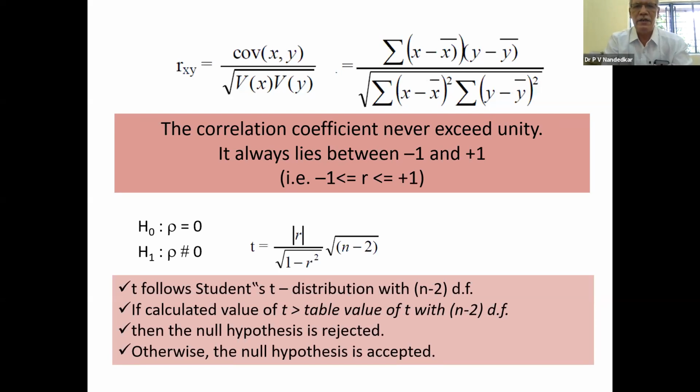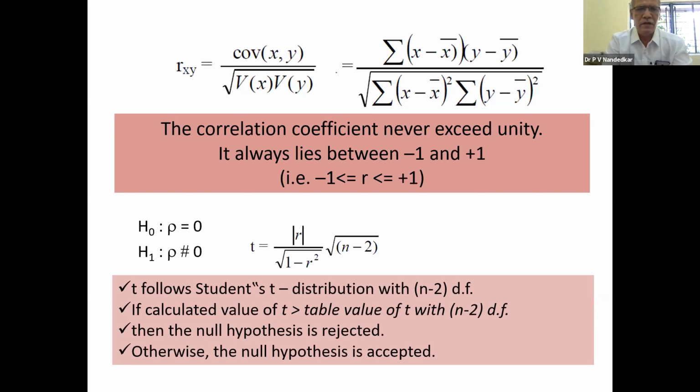And in the denominator, we calculate the deviations from the mean, their squares and their summation. That means the sum of squared deviations for x, and the sum of squared deviations for the y variable, and their product and their root. So these are the constituents of a correlation coefficient.